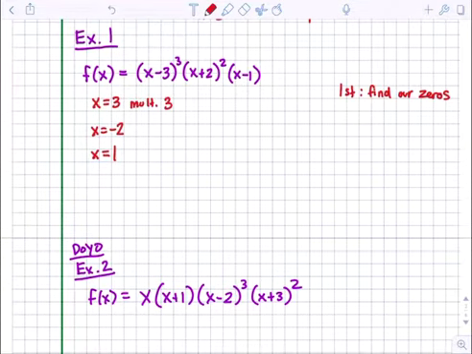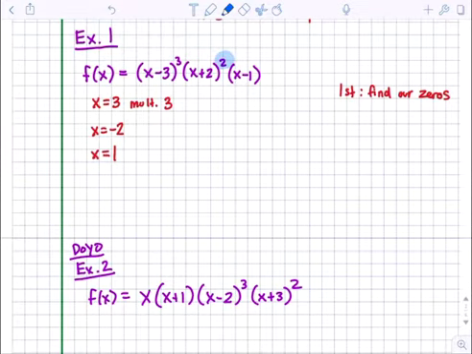Now, the reason why I know that is, if you guys look at the powers, this power represents how many of these guys there really are. There's 3 x minus 3's, which means that there's 3 zeros at x is equal to 3, which is why it's multiplicity of 3. Now for x is equal to -2, look at the power.